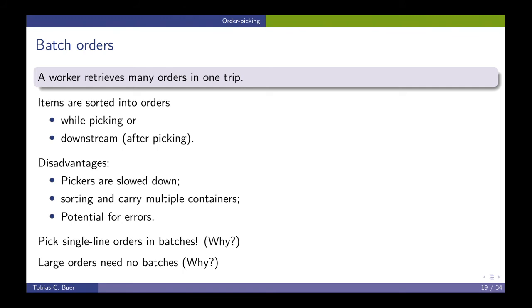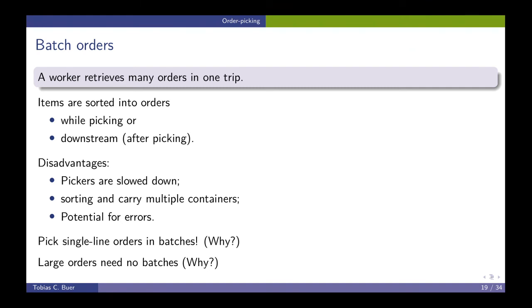That means this person has to do some sorting of the items while picking the items. We cannot pick all the items in a single container. Usually we have a different container for each customer order, and this also results in a disadvantage, because the picker now has to think about which item belongs to which order, and of course this is also a possible source of making mistakes.